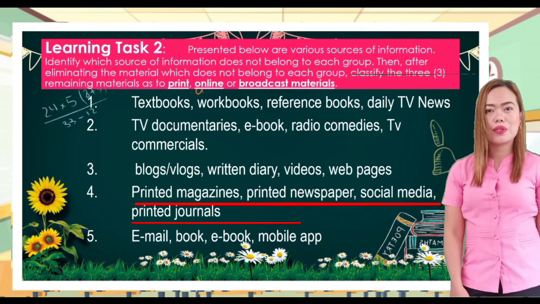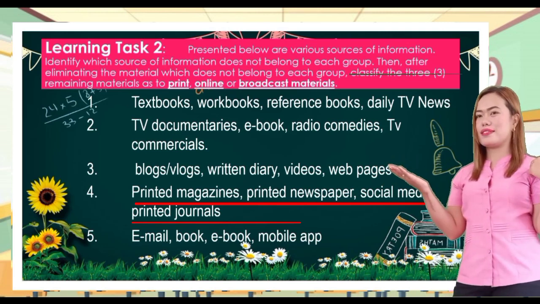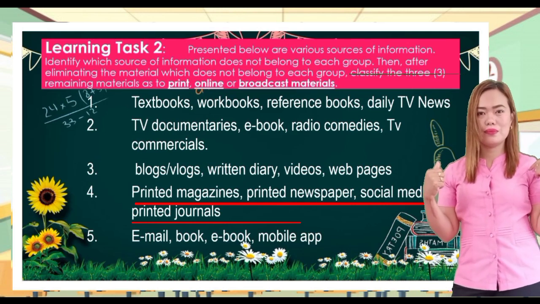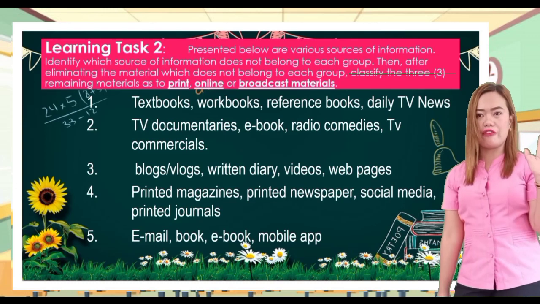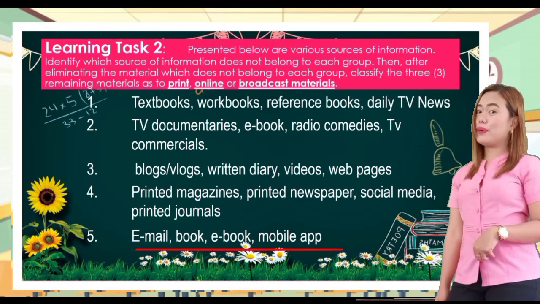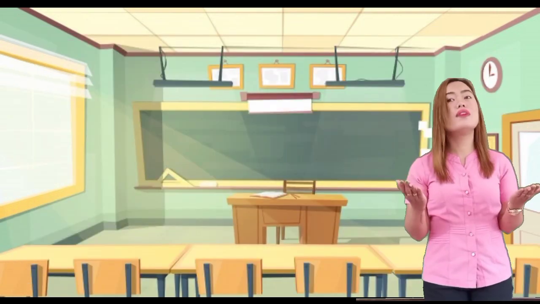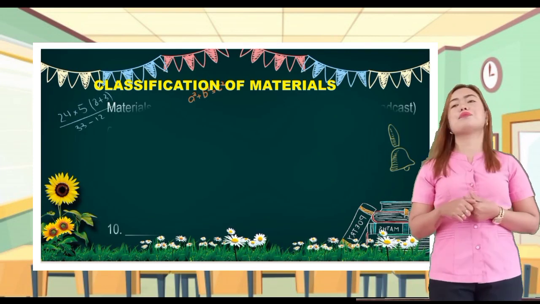Number 4. Printed magazines, printed newspapers, social media, and printed journals. Number 5. Email, book, ebook, and mobile app. Now, you are going to classify these materials.